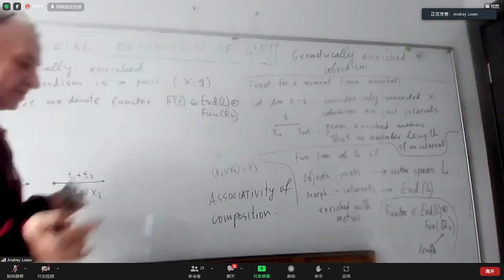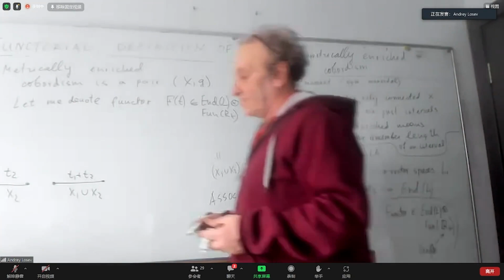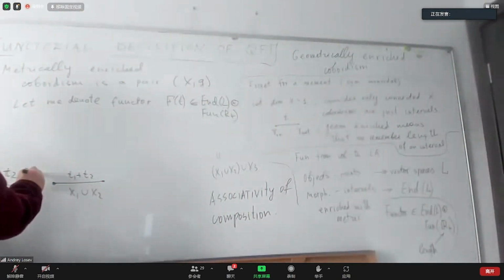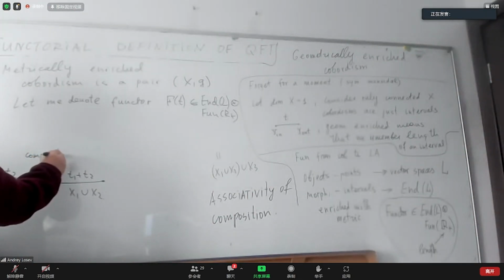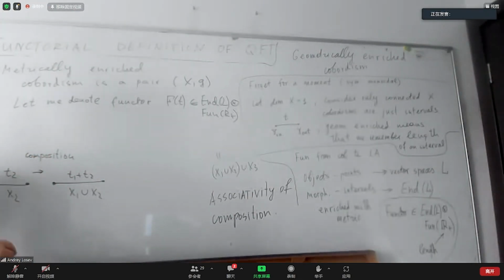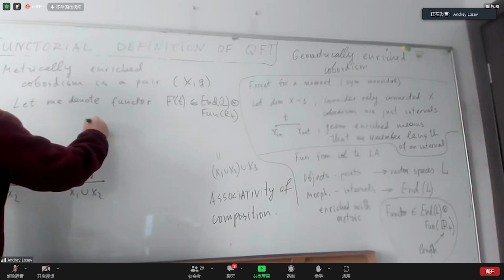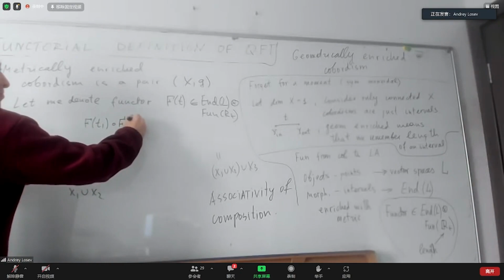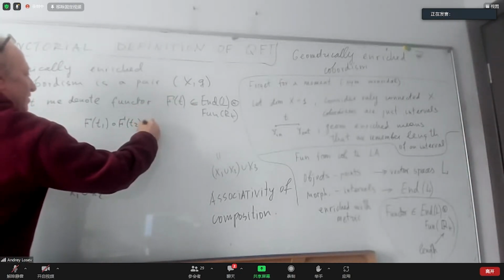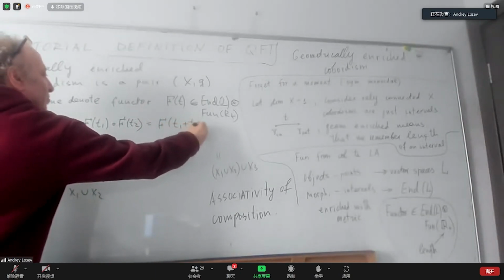The operation is joining two intervals together to get a new interval. So this is composition. So I have a functor if f of t1 composed with f of t2 in endomorphisms equals f of t1 plus t2.